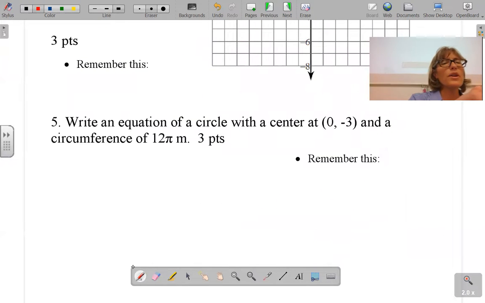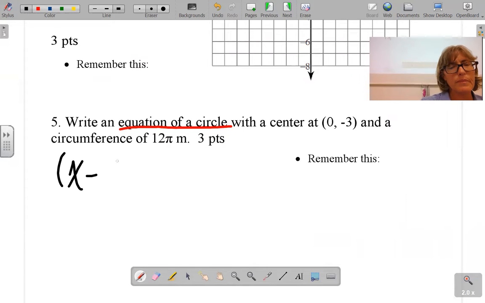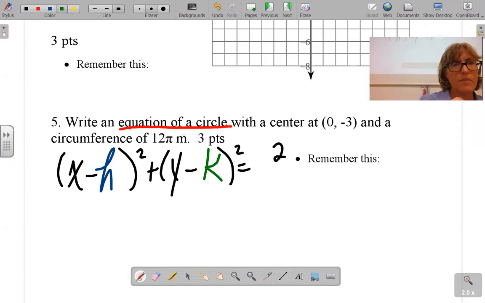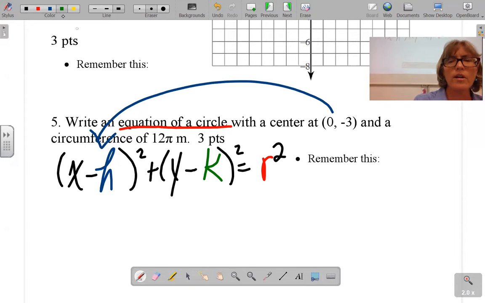It says write the equation of a circle. Stop right there. Let's actually write that. And we are told you have a center, which means your h is right there.